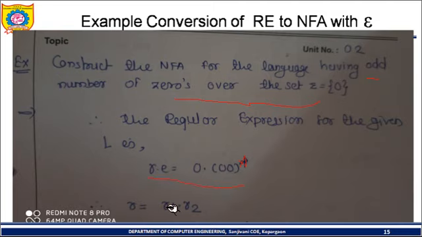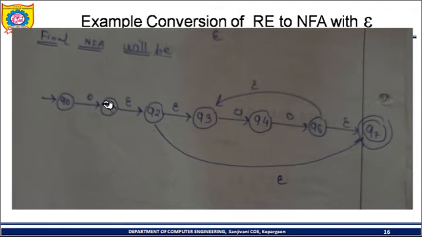Now we want to convert it into its equivalent NFA with epsilon. There is a concatenation operator between the first and second part, so we have applied its recursive nature: R1 dot R2, where R1 is 0 and R2 is (00)star. Its equivalent final NFA will be like this. Q0, after accepting 0, will be in Q1.